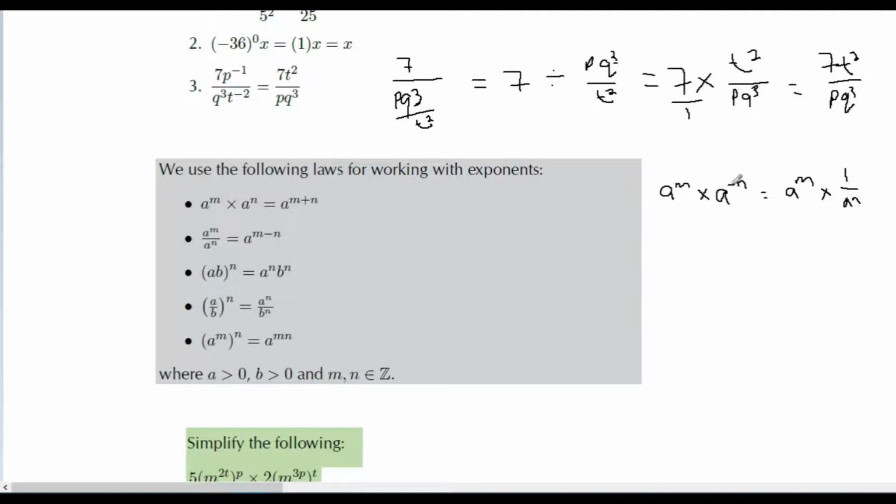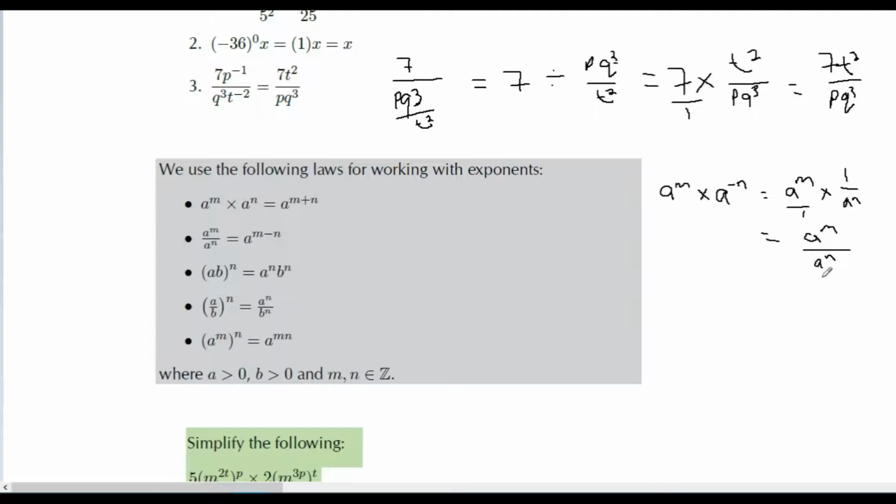That minus exponent converted this to a fraction, and from there, same as before, we just multiply our fractions, so we have a to the m divided by a to the n. Normally we would just add our exponents when multiplying, but because this one was negative, this became a fraction and this became like a divide.